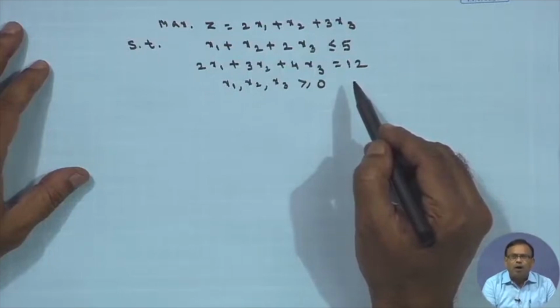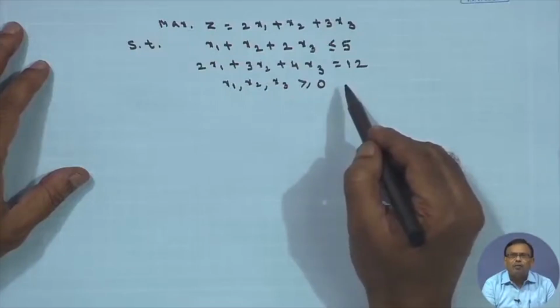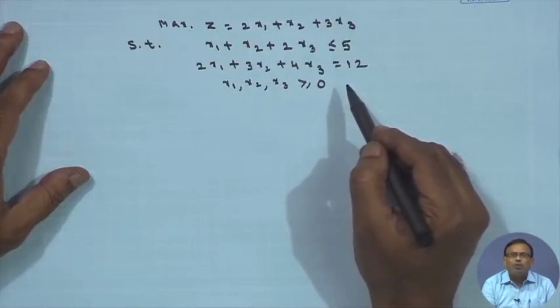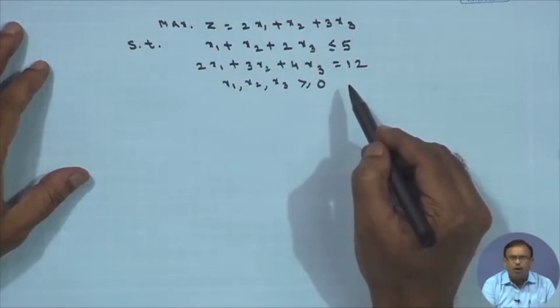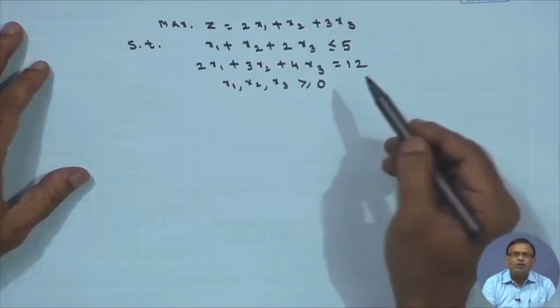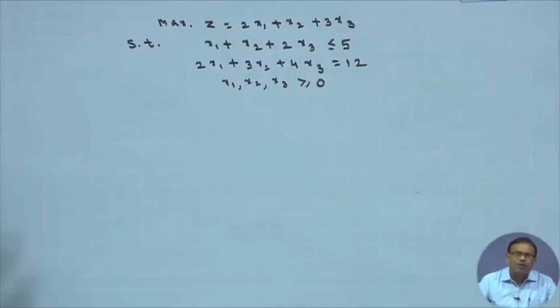And in the procedure we have told that if it is equality type, you have to add one artificial variable only in the constraint to obtain the initial basic feasible solution. Let us see why it is required for this case.